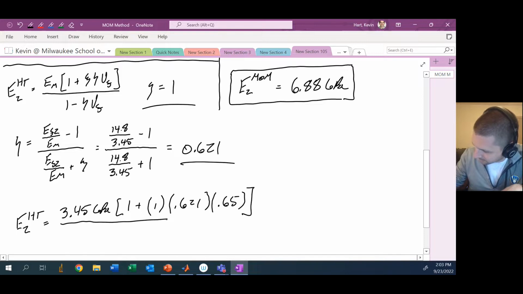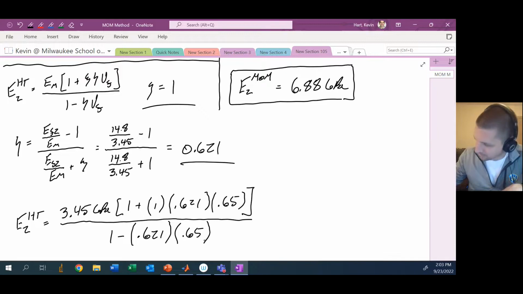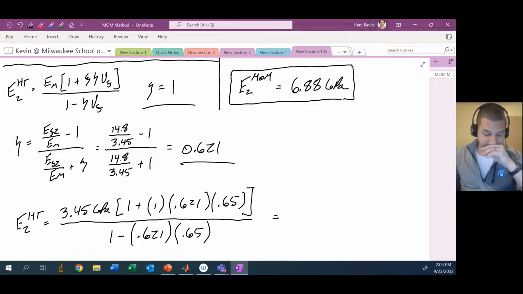All of this gets normalized by 1 minus eta VF. Here, eta again is 0.621, and volume fraction is 0.65. Do the calculation, and you're going to find an elastic modulus in the two direction according to Halpin-Tsai of 8.12 GPa.